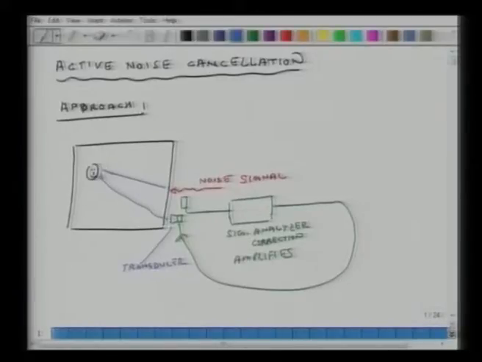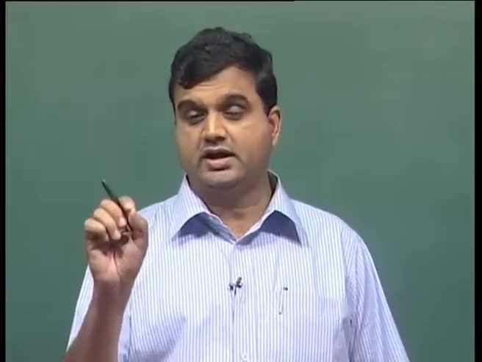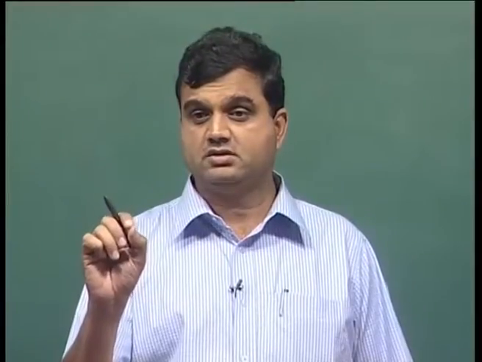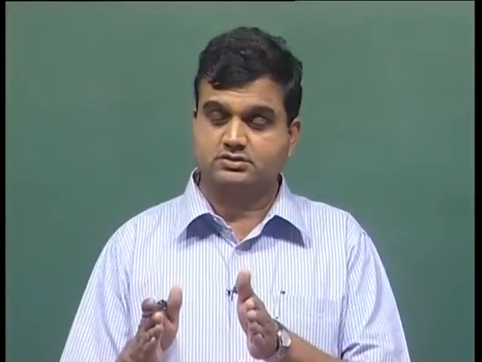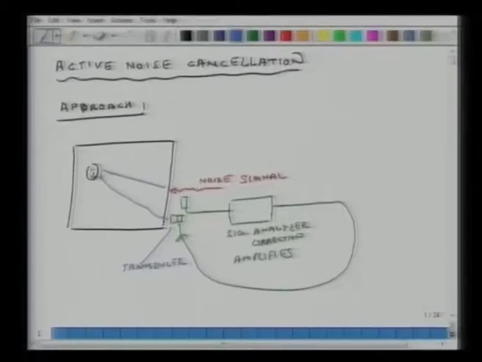So, there is a delta t in this whole process. Also, the location of the transducer is not identical to the location of the noise source. Because of that physical separation of distance, there is also a phase lag. So, the corrective signal reaches the human ear maybe delta t seconds later than the original signal.